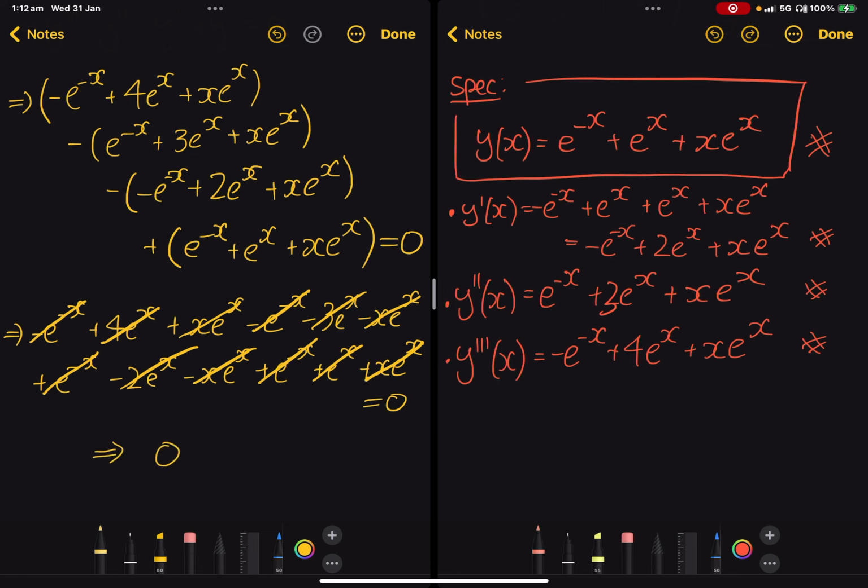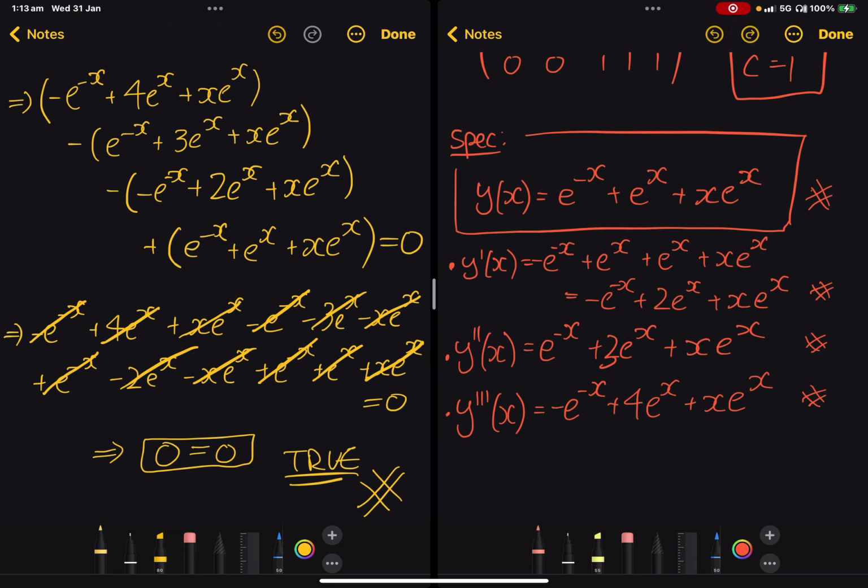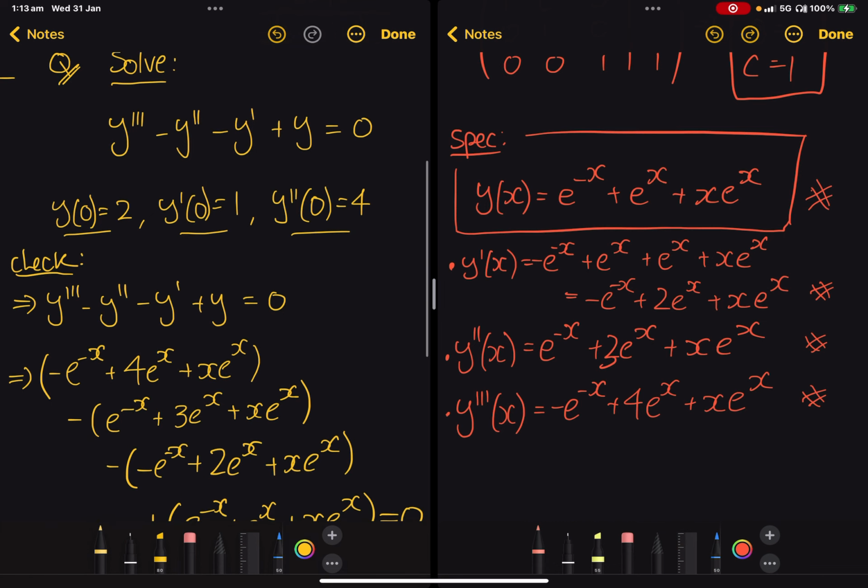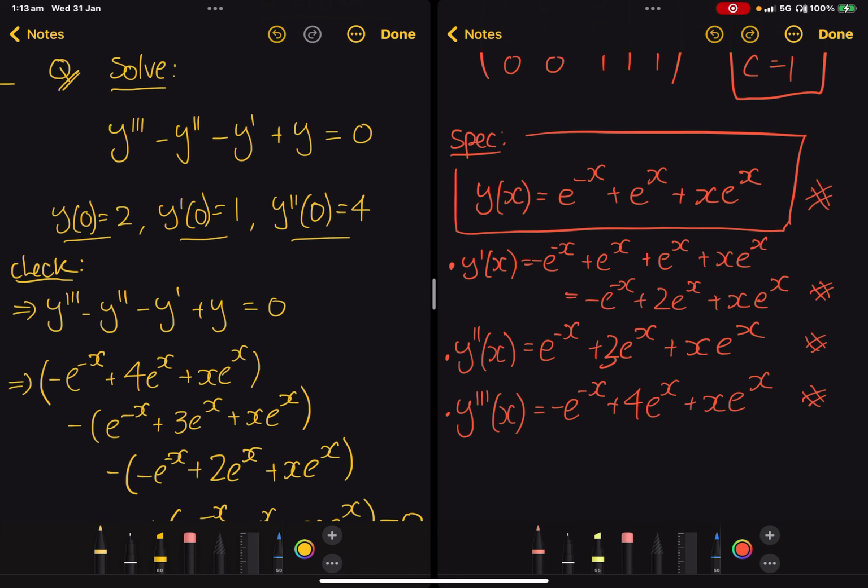This gives us 0 is equal to 0. This is what we wanted. This is true, and this means our check is both completed and successful. It confirms that the specific solution we found is in fact a correct solution to this third order ordinary differential equation.